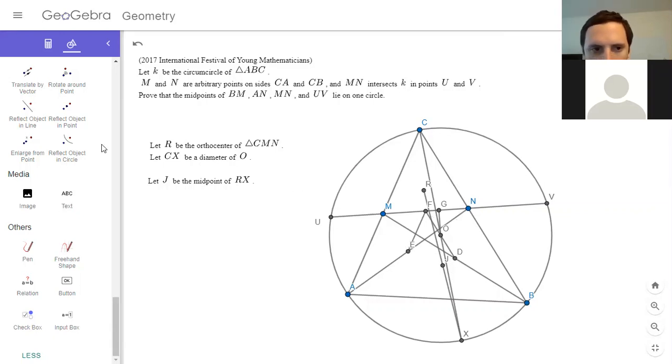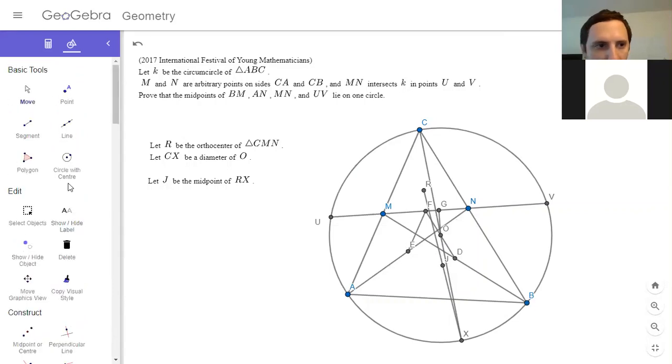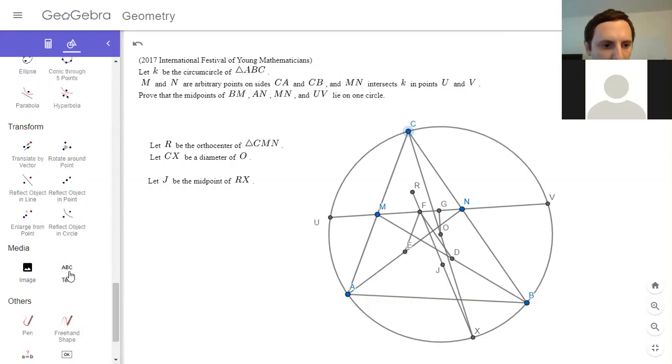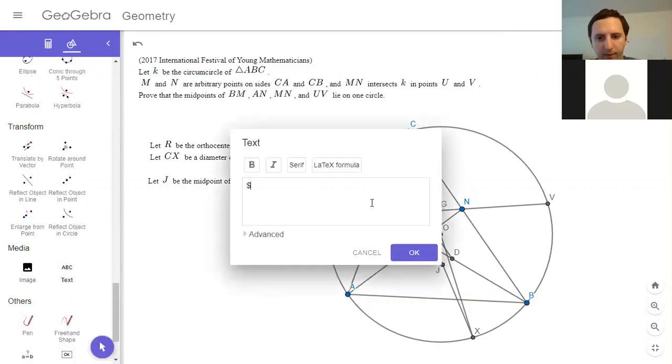First I can show FE is parallel to AC and FD is parallel to BC. Now we know that since R is the orthocenter, RN is perpendicular to AC. And AX is also perpendicular to AC because XC is the diameter.